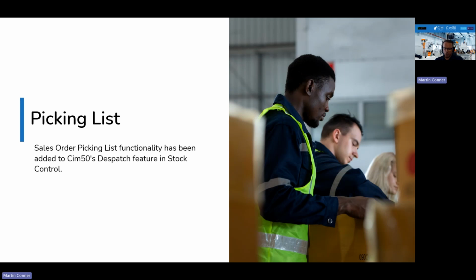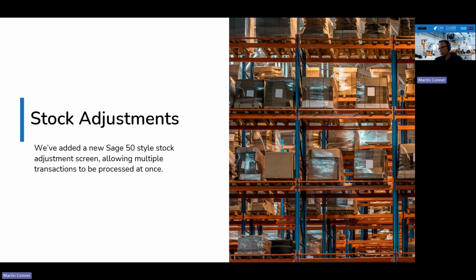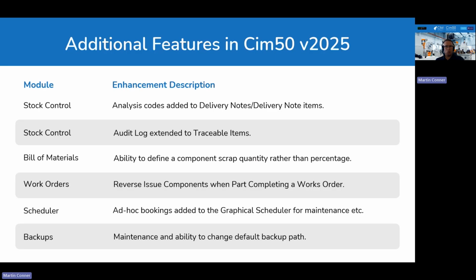We've expanded the delivery notes within Cim50. We then have the trial kitting, allowing you to trial kit sales orders and stock adjustments, so we can do multiple stock adjustments across various items. We don't have to do them singly anymore. We've added analysis codes to delivery notes. We've extended the audit log to traceable items.